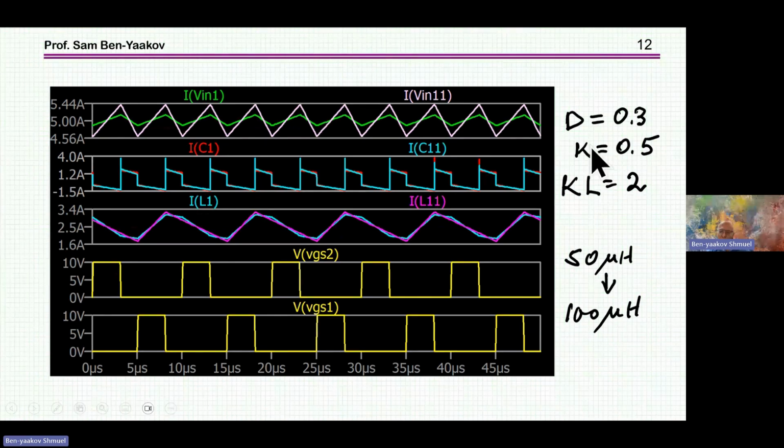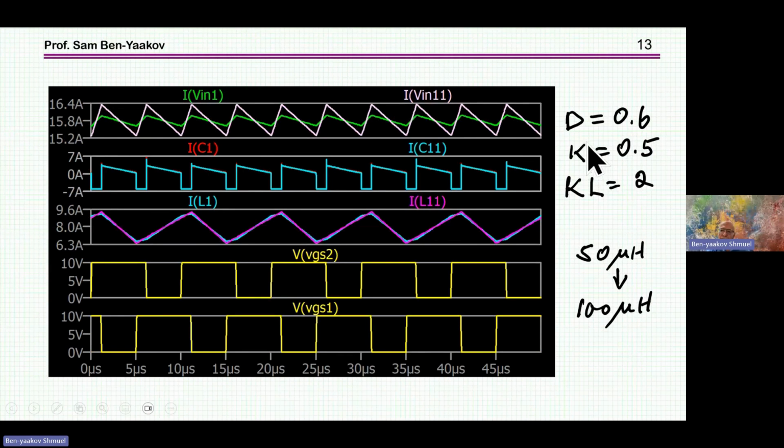This is for 0.3, and for duty cycle of 0.6, again, the target here is to have the same ripple. It turns out that I don't have to change. This is for the same coupling coefficient, same size factor. And we see that the two have, at the output, the same ripple. At the input, there is some advantage to the coupled already.